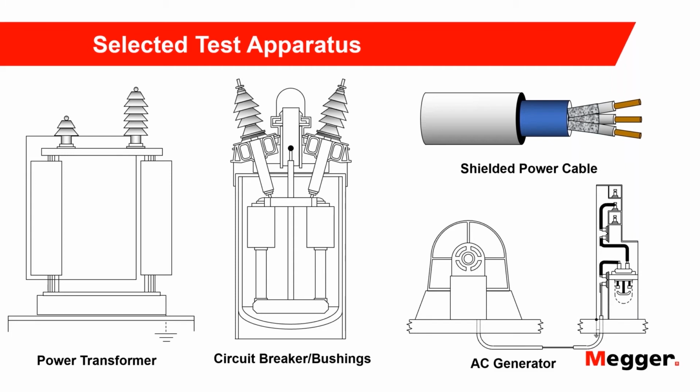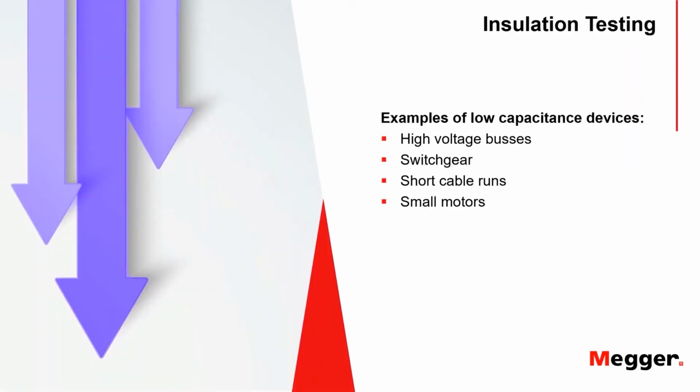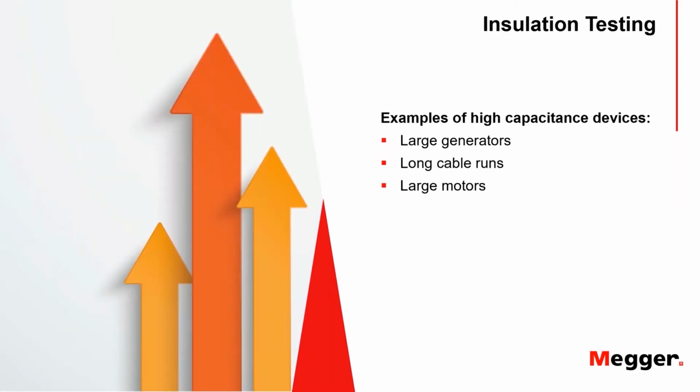Any type of electrical equipment, of course, is subject to an insulation test. These are some typical examples of low capacitance devices. These are going to charge up relatively quickly, and your readings are going to stabilize more quickly. And these are some high capacitance items, which can take a very long time to go to full charge.